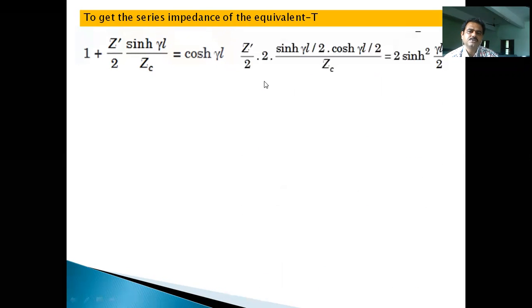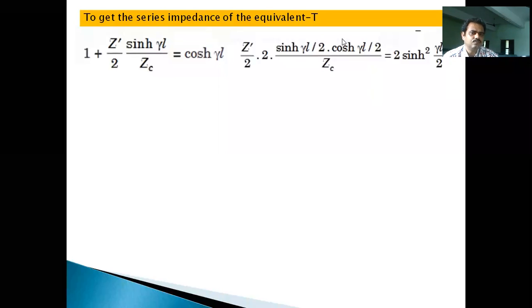If we substitute, that is Z dash by 2 into cosh theta by 2 into sinh theta by 2. Cosh theta minus 1 can be written as 2 sinh square theta by 2.